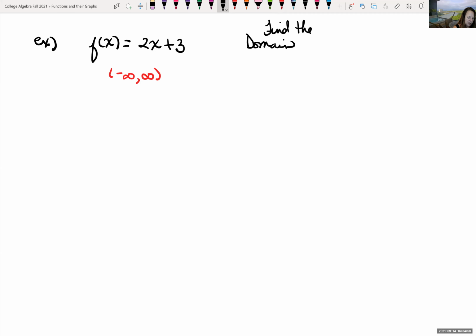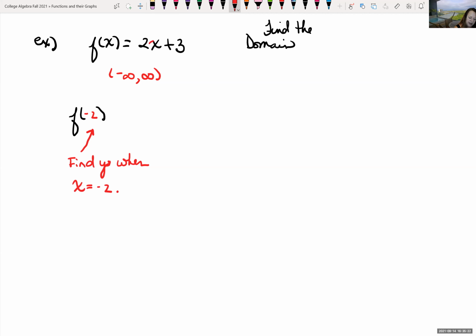So before we move on to look at more examples, let's say it wanted us to find f of -2. So we had f parentheses -2. So this wants us to find y when x equals -2.